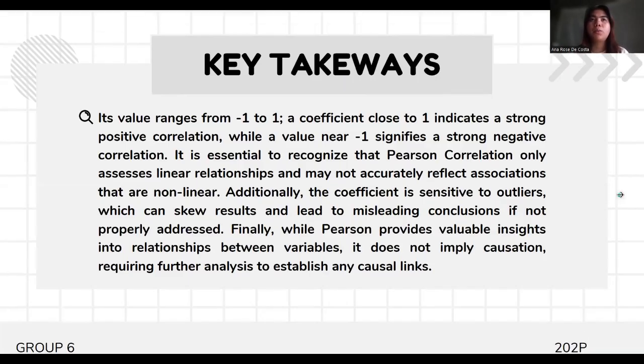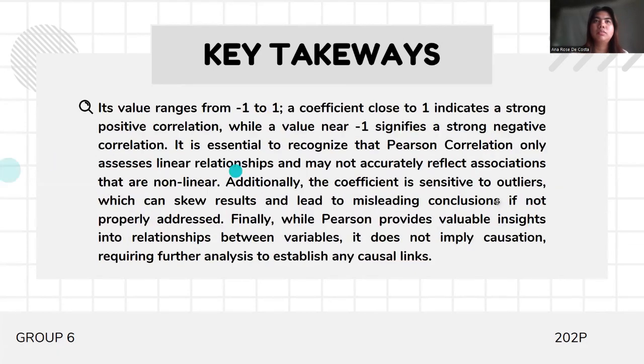For our key takeaways, its value ranges from -1 to +1. A coefficient close to 1 indicates a strong positive correlation, while a value near -1 signifies a strong negative correlation.